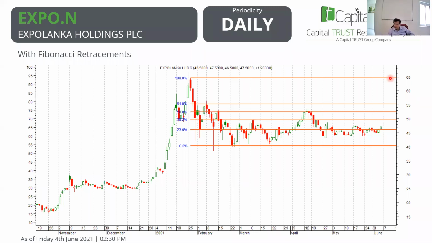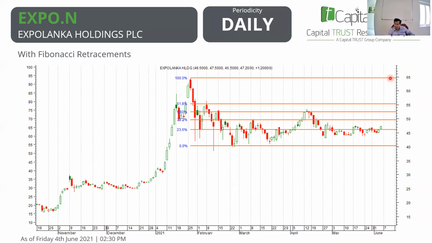RSI is calculated relative to what? It's relative strength, right? It says how strong the stock is. Just because a stock is strong, that is no reason to sell it. It's a reason to buy it, right?